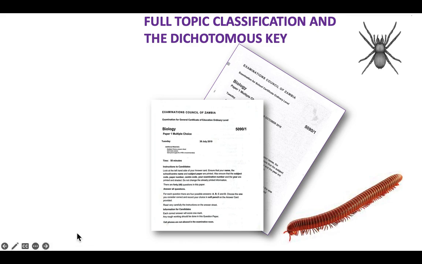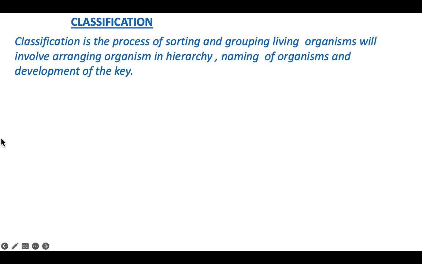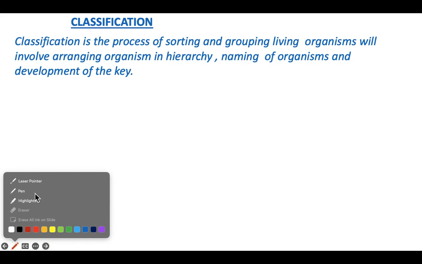If you look at classification, we can define it as the process of sorting and grouping living organisms, which involves arranging organisms in a hierarchy, naming organisms and development of the key. So we call this classification.